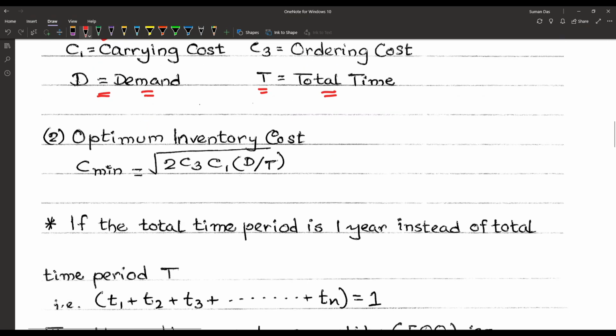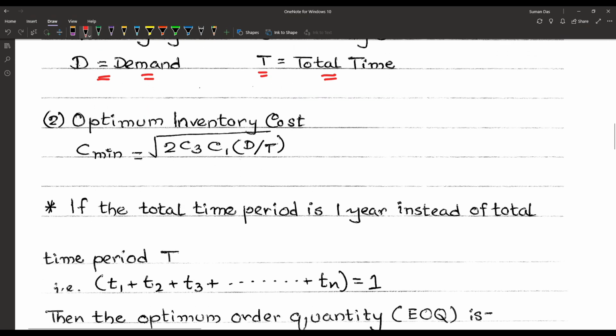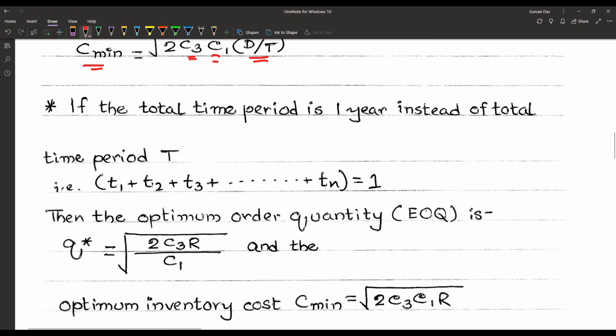What is the optimum inventory cost? Denoted by C min, the formula is square root of 2 into C3 into C1 into D by T.